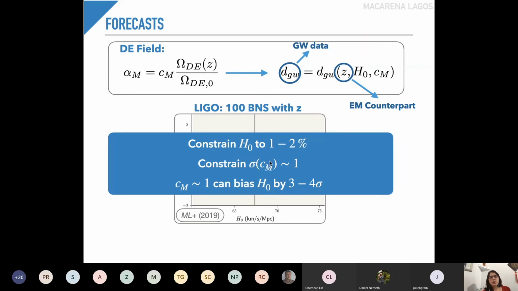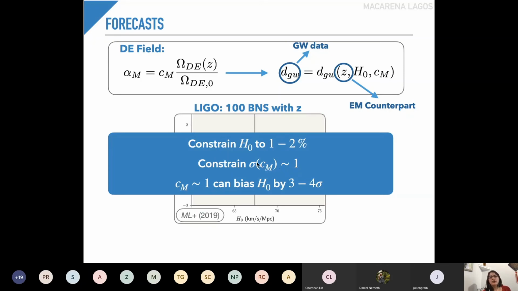The uncertainties on the constraints on this parameter Cm should be of order 1 with 100 events. And what does that mean? Well, there are dark energy models that could predict a Cm of order 1. But not all of them. Some of them could predict a much smaller Cm that you wouldn't be able to distinguish from lambda CDM with 100 events with LIGO. But at least some of these models you should be able to test.